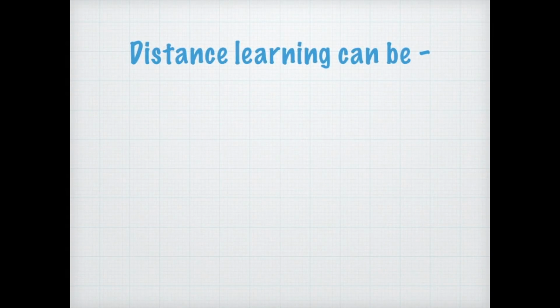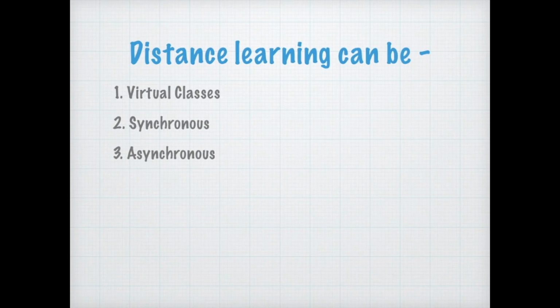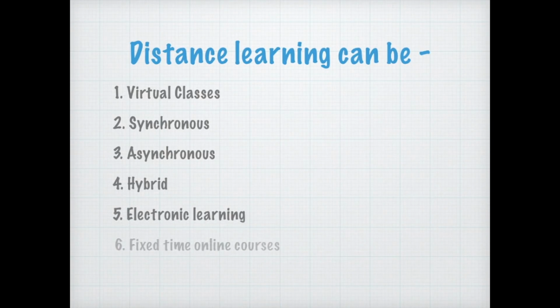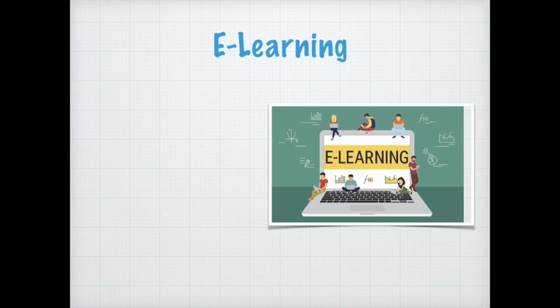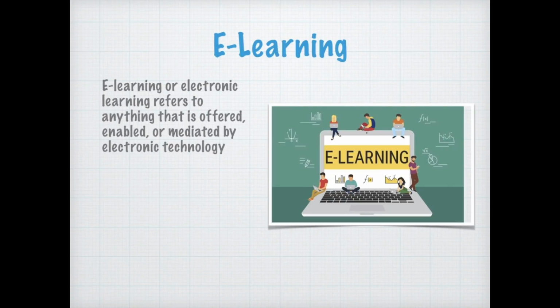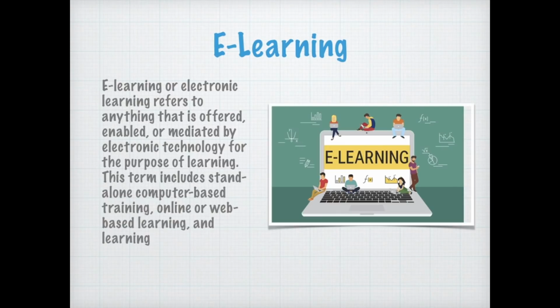And talking about distance learning, it can be virtual classes, synchronous, asynchronous, hybrid, or electronic learning, fixed time online courses, and correspondence learning. Next up is e-learning. E-learning or electronic learning refers to anything that is offered, enabled, or mediated by electronic technology for the purpose of learning.